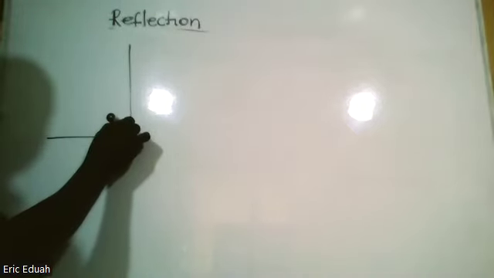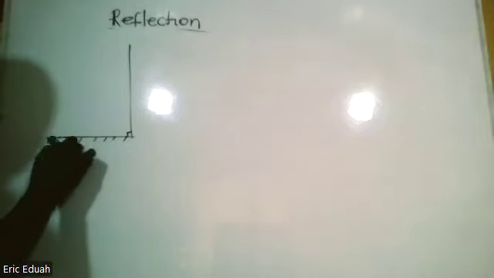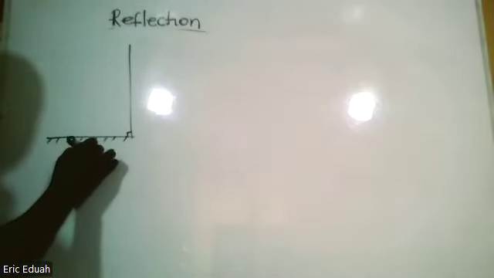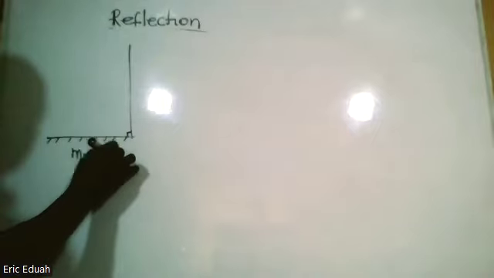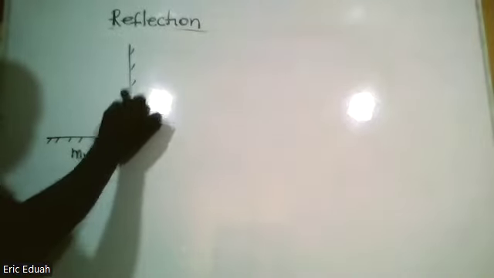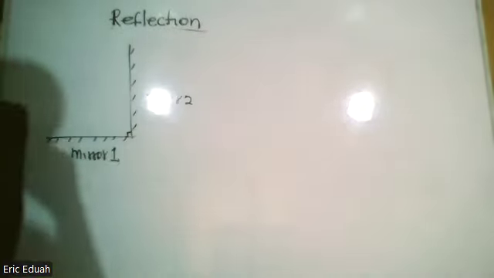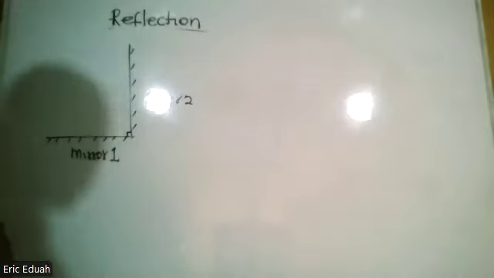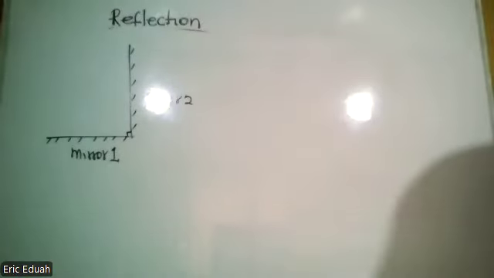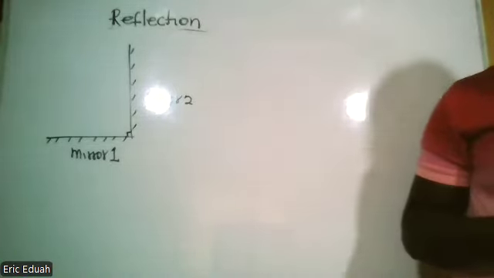The angle between them is 90. Mirror 1, then mirror 2. A ray of red light is incident on mirror 1 at an angle of 55 degrees.